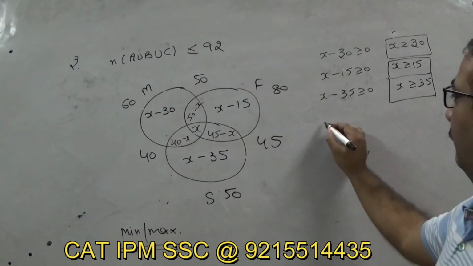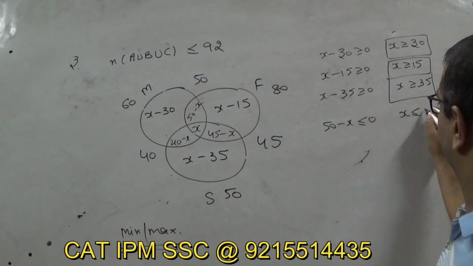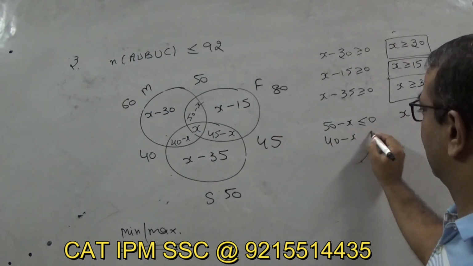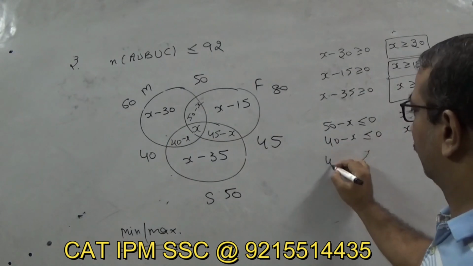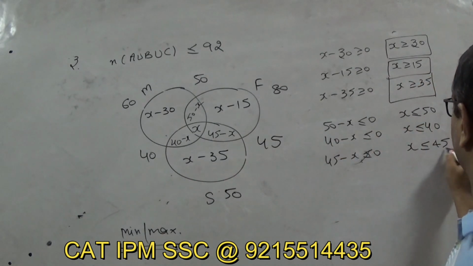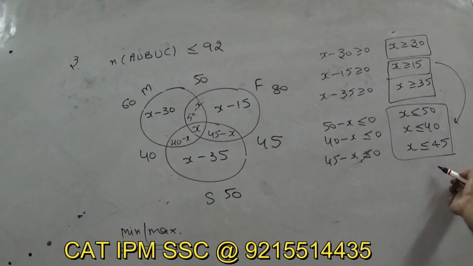Then 50 minus X is greater than or equal to 0, it means X is less than or equal to 50. 40 minus X greater than or equal to 0, X is less than or equal to 40. And 45 minus X greater than or equal to 0, so X is less than or equal to 45. Again, from these, X is to be more than or equal to 35 because that is going to satisfy all the three, and from here X is less than or equal to 40, right?